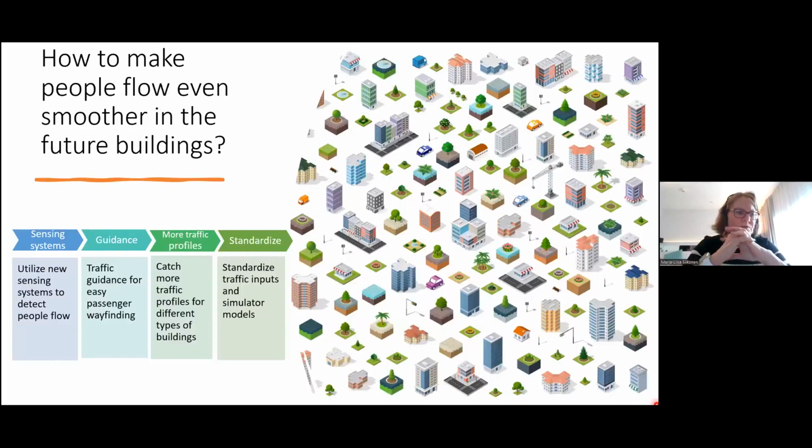So what to do next? How can we improve and make even smoother people flow in future buildings? We can utilize the new sensing systems as much as possible to detect people flow, and then utilize this detected people flow in new ways in control systems, and also in guidance of people, so that they can easily find their destinations.